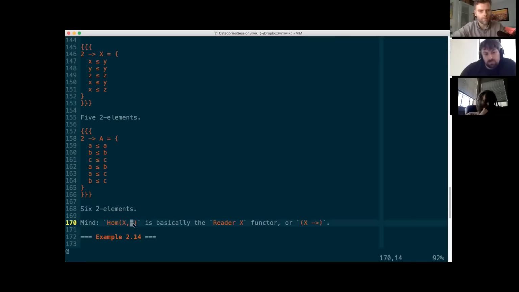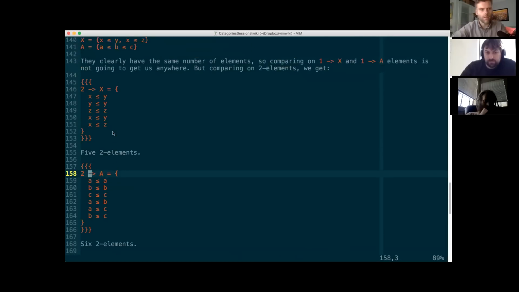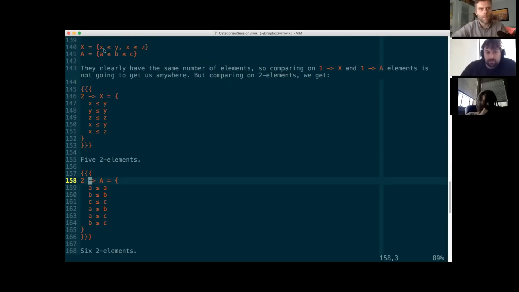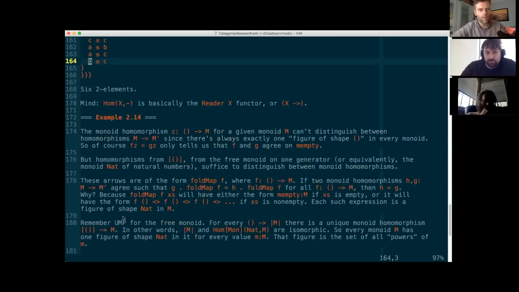So yeah, we have a functor, which looks like this, x2 whatever. So in this case, I'm taking this to be Bool. So Bool to something is the functor here, and under that functor there are these elements. So we can compare these two posets. If we compare them on elements, we're going to get the wrong results. If we compare them on two elements, we're going to see immediately that they don't have the same number of two elements.